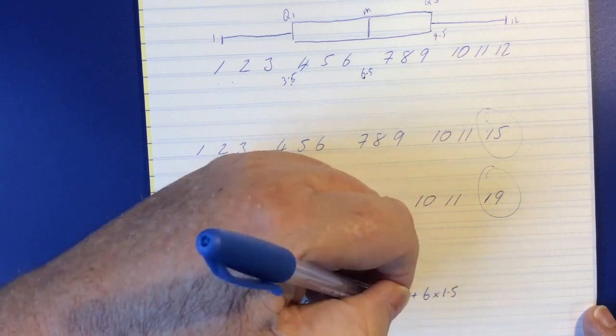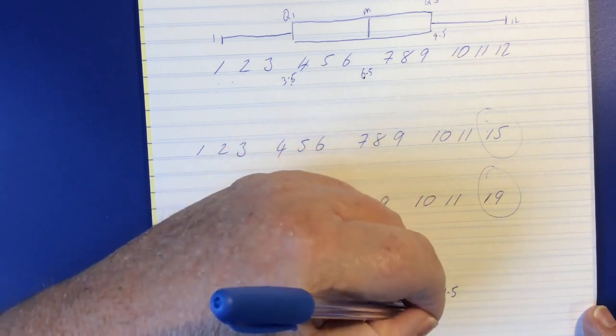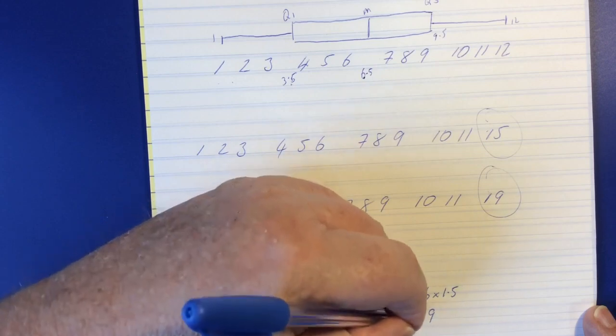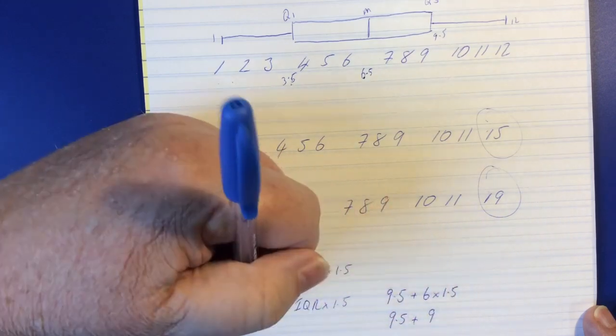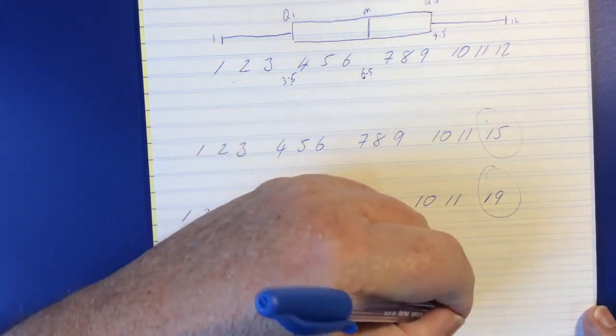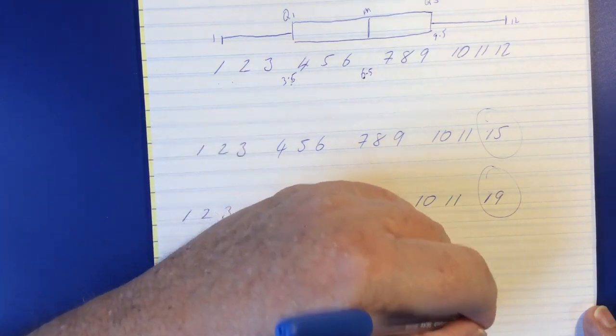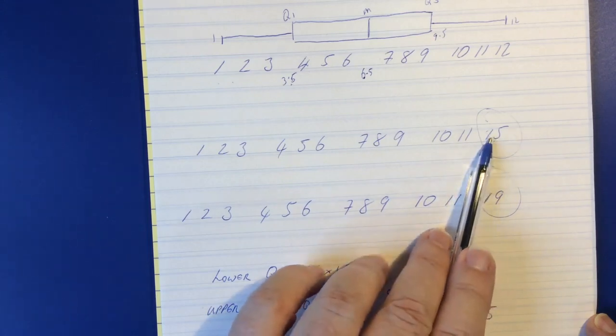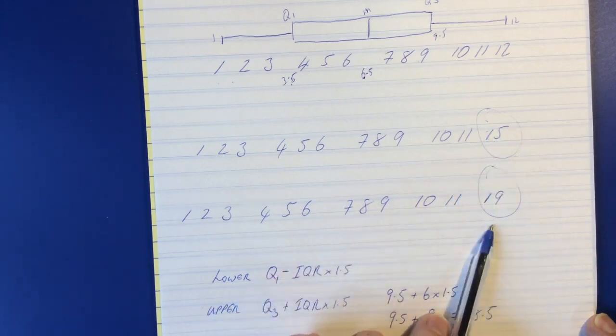So 1.5 of 6 is 9. So 9.5 plus 9 is our upper fence. That equals 18.5. Well, that's handy. So what it tells us is that this is not an outlier, but this is.